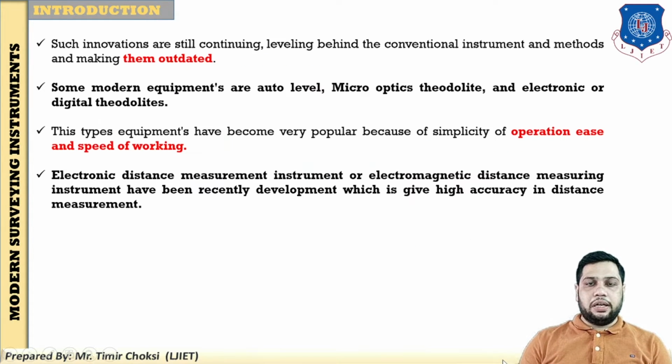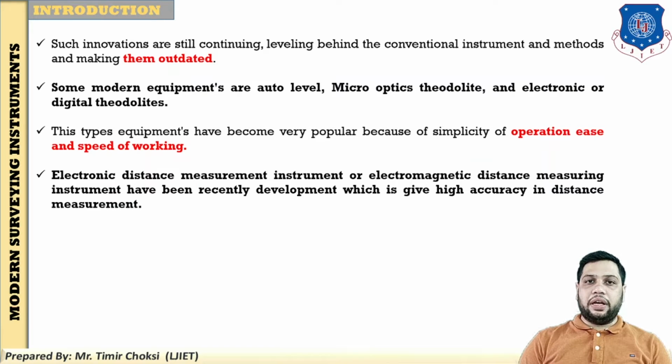But nowadays in survey projects, the distance is larger, so this type of instrument is outdated. Why? Because innovation continues, leaving behind the conventional instruments and methods. Some modern equipment are auto level, micro optic theodolite, and electronic or digital theodolite.